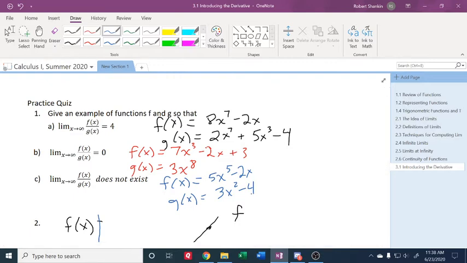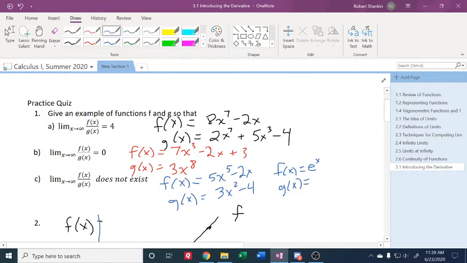All right, and you might wonder, could we have done something not polynomials? Could I have done f of x equals e to the x? Sure. And then, since that's a really fast-growing function, it'll grow faster than any polynomial function eventually.